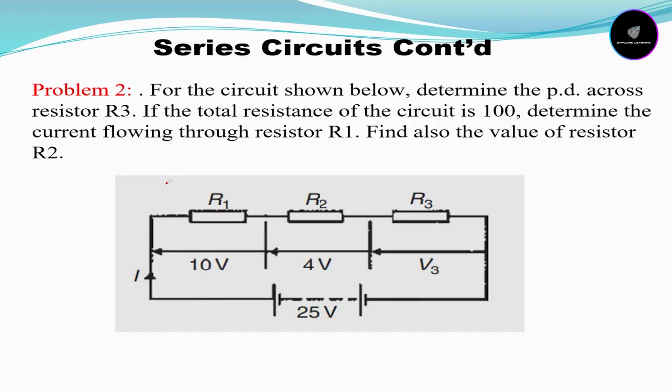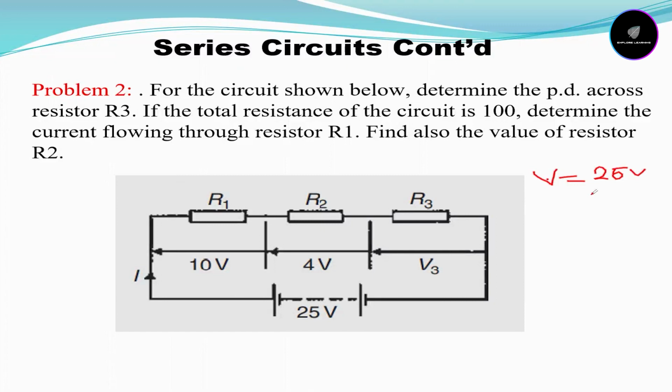Okay, so the first thing we need to do in this case, we need to identify the parameters that have been given to us. Total V, that's the resultant V, is 25 volts. That's the battery voltage source.